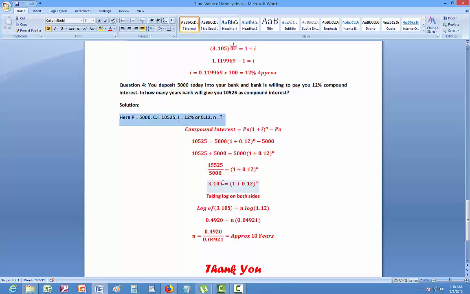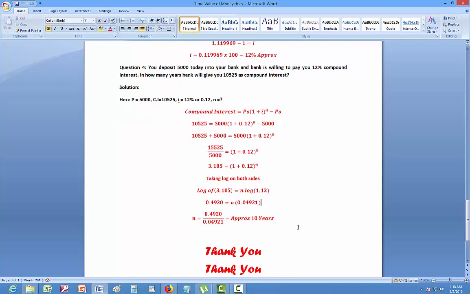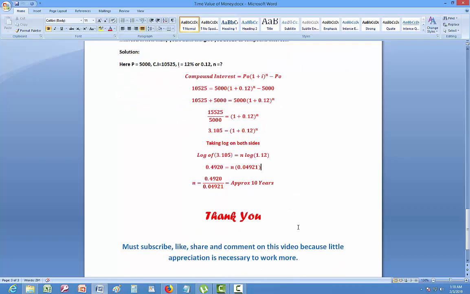Log of 3.105, we just take down this n before log, and we will take the log of remaining value, which is log of 1.12. So after simplifying this we will get the time period is approx 10 years.